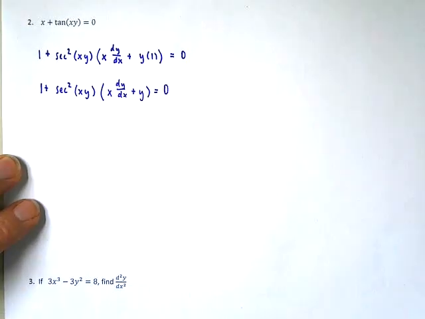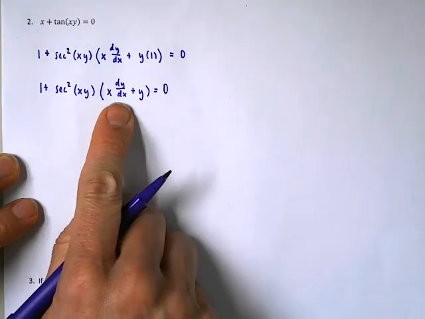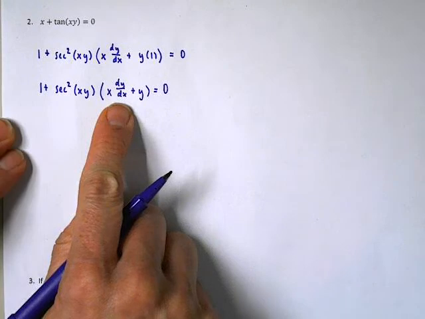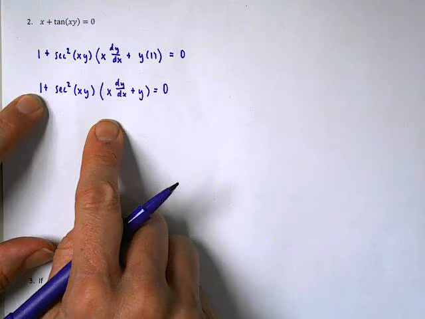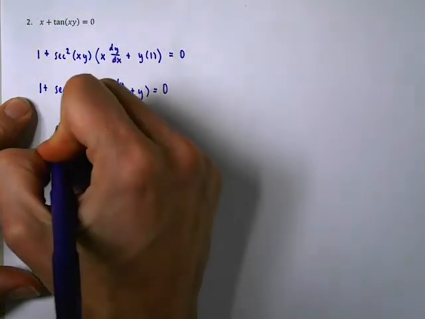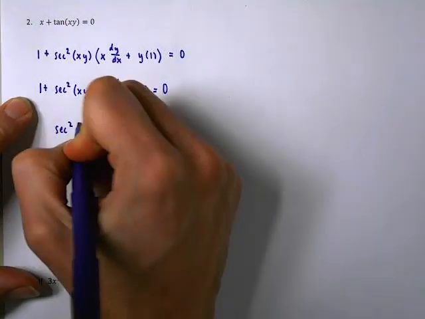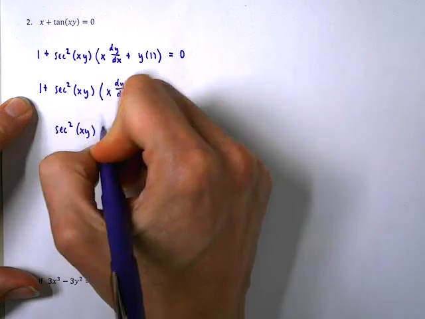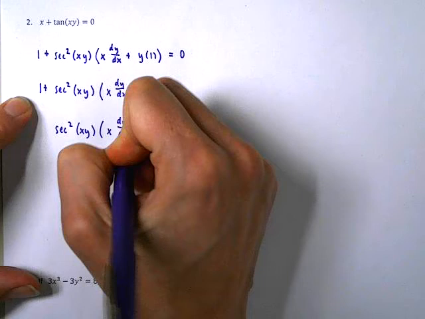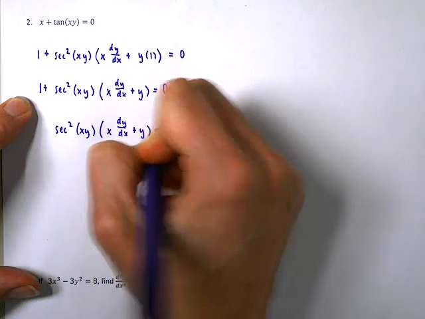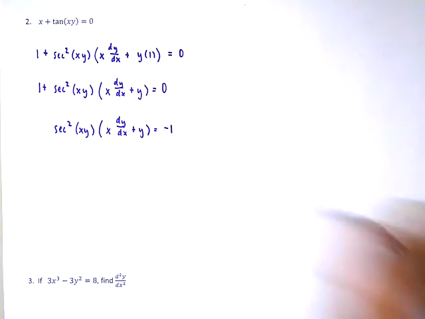And now my goal is to get my dy/dx all by itself. So I'm going to kind of have to work from the outside in here. So the first thing I'm going to do is get rid of this positive 1. So I'm going to have secant squared of xy times x dy/dx plus y is equal to negative 1.